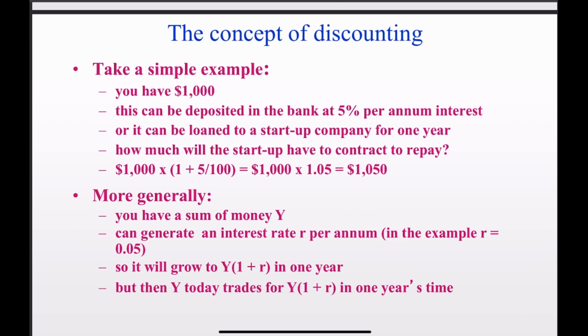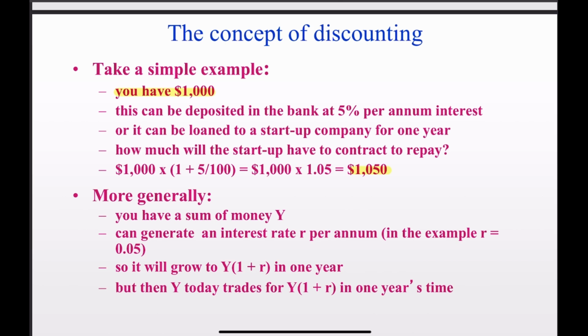Imagine that you have $1,000. You may have two choices. The first choice is to put it in a bank account that gives you 5% interest per year. Another one is you can lend it to a new startup company for a year. If you put it in the bank for 1 year, you may have $1,050.